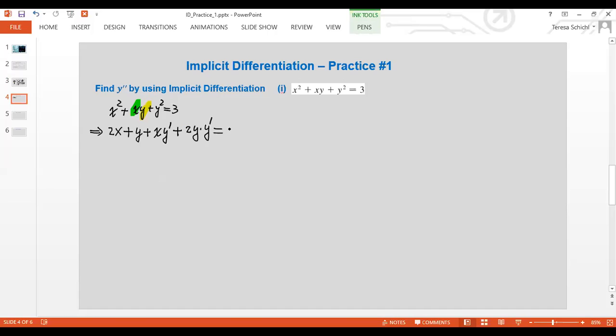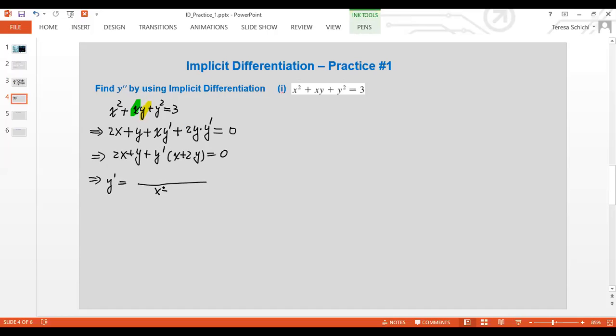Okay, so now this one is equal to 0. So now you can combine, so this is 2x plus y, plus you factor the y prime out. So this is x plus 2y equal to 0, right? So then you can get the first derivative is equal to what here?